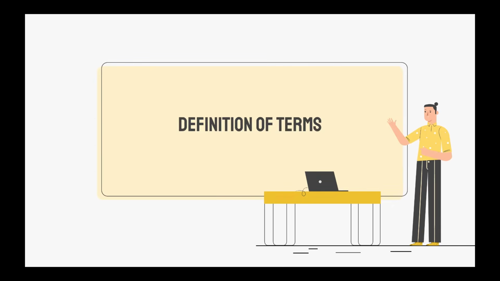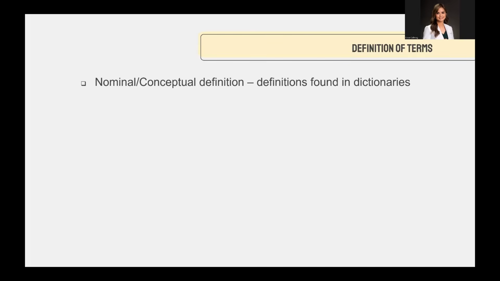Next, moving on to definition of terms. So for the definition of terms, nominal or conceptual definitions are definitions found in dictionaries. Use these nominal definitions for some terms that readers may not understand or are not familiar with.